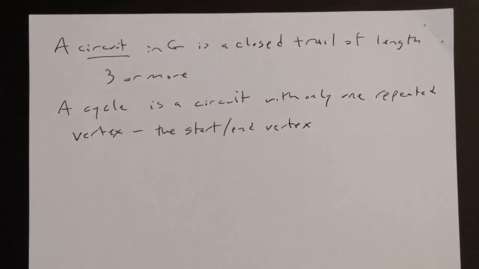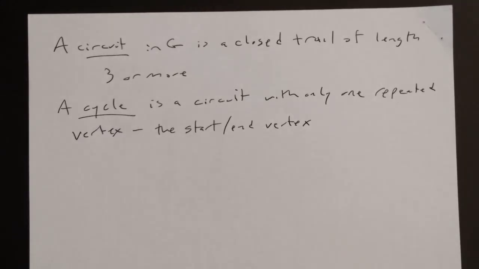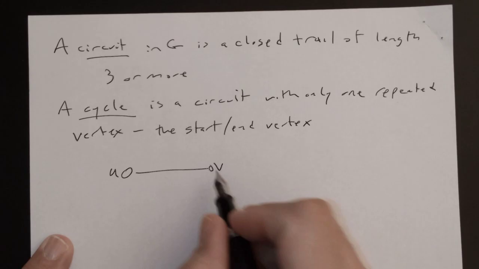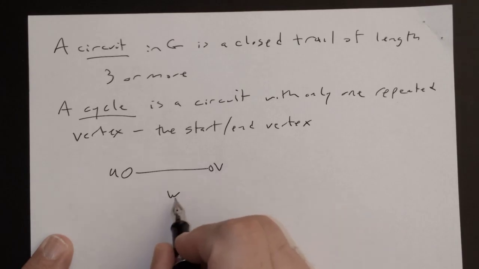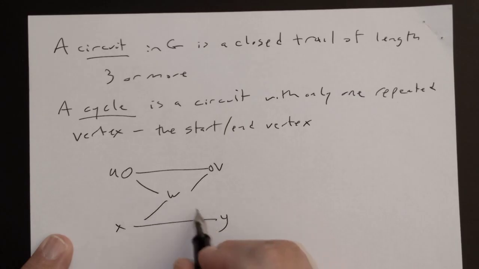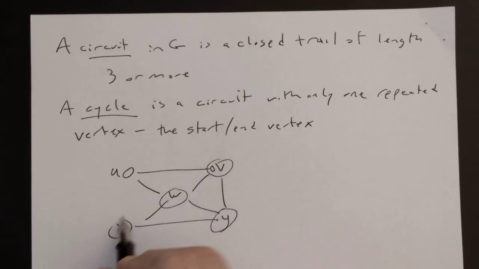Now, if you think about the way we wrote paths and trails and walks, we wrote them as lists, yes? And ordered. So something like U, V, W, X, Y, right?